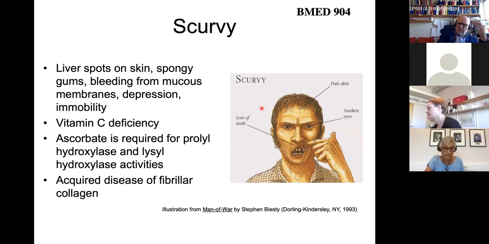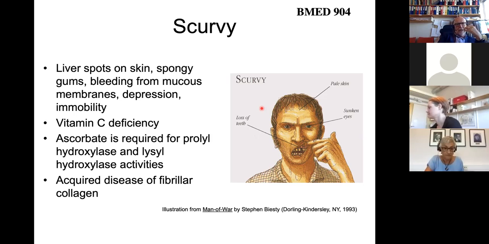As everybody knows, scurvy affected sailors, and for a long time one didn't know why they started to bruise easily. If they hurt themselves, their wounds didn't heal. They started to have bleeding gums.